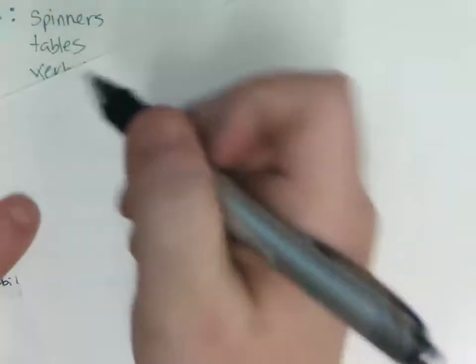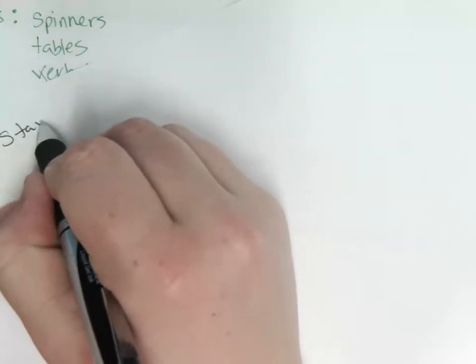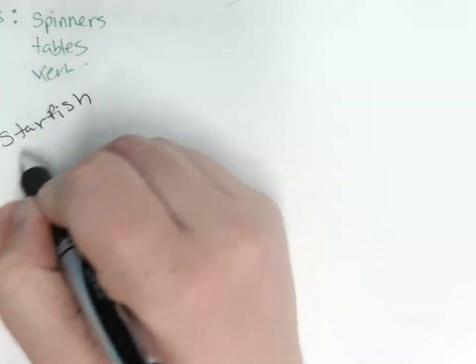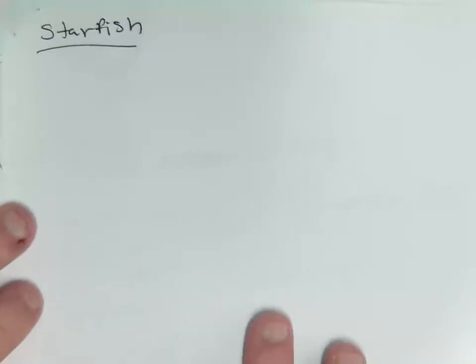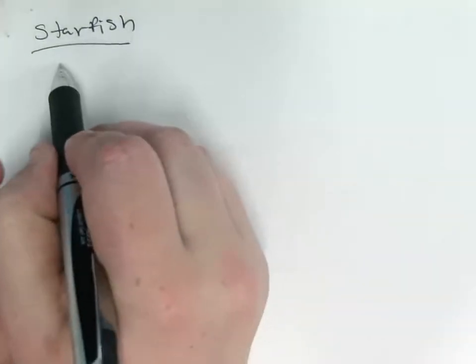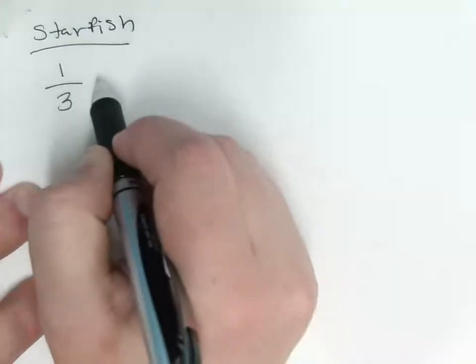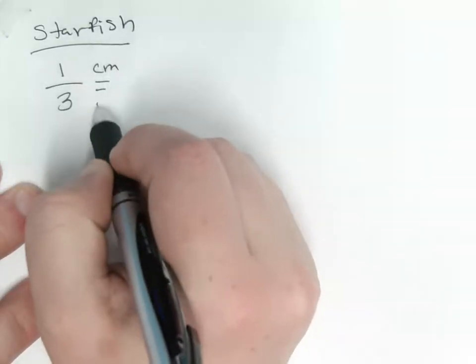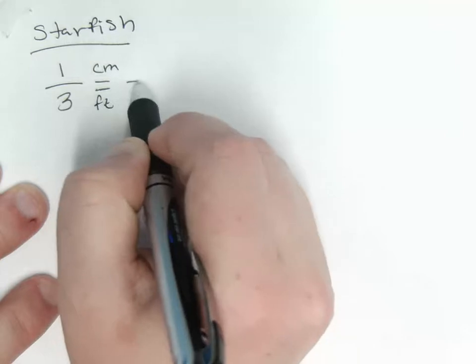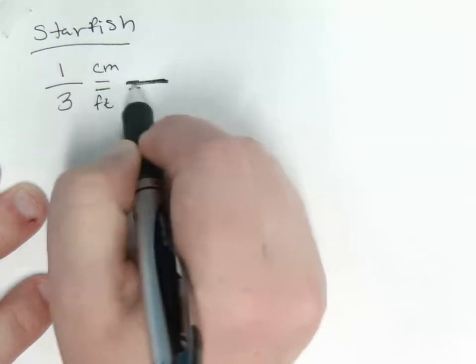So I'm going to put starfish here. And then I'm going to put what our scale is, 1 centimeter to 3 feet. So we have centimeters to feet, right? Oops. Draw that line.